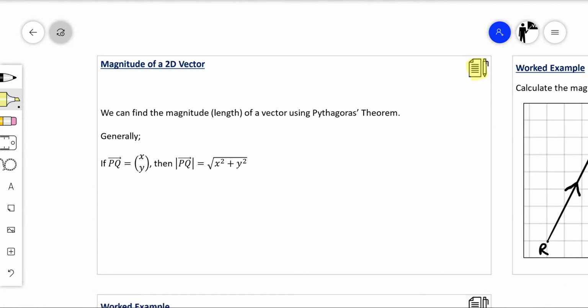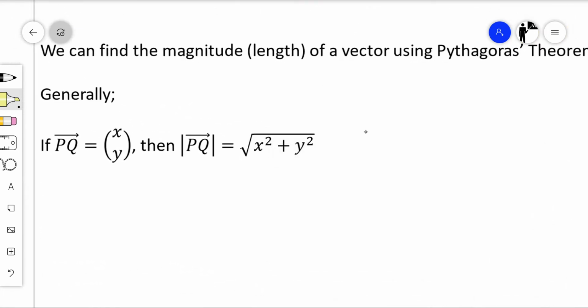Okay, so generally, if we have a vector that starts at P and goes to Q, and it is given by these components, these components can stand for anything. It could be 6, 2, 5, 3, negative 1, 0.